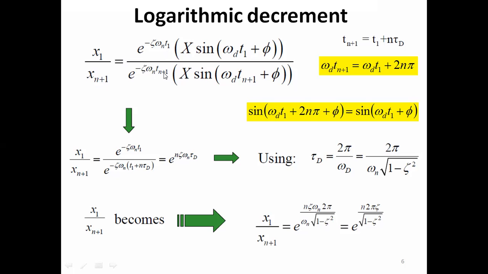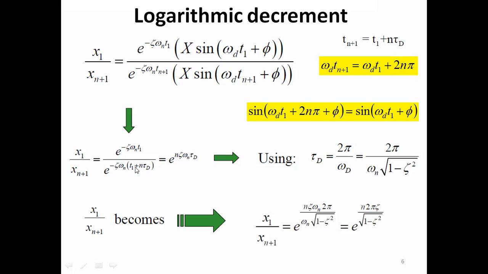But remember that tn plus 1 is actually t1 plus n tau d. So here you could see that we have exponential minus zeta omega n times t1 plus n tau d. If we open this parenthesis, we would have exponential minus zeta omega n t1 times exponential minus n zeta omega n tau d.